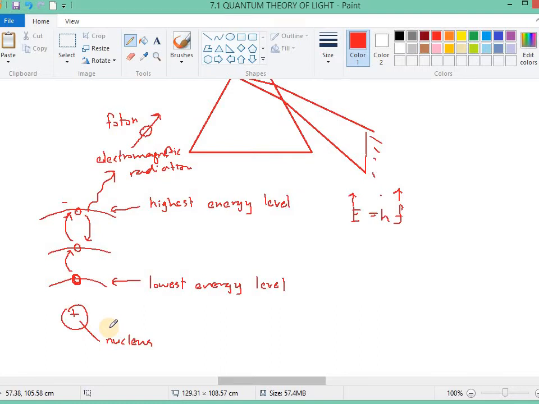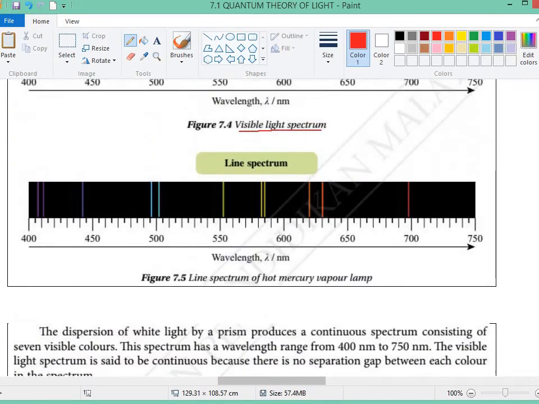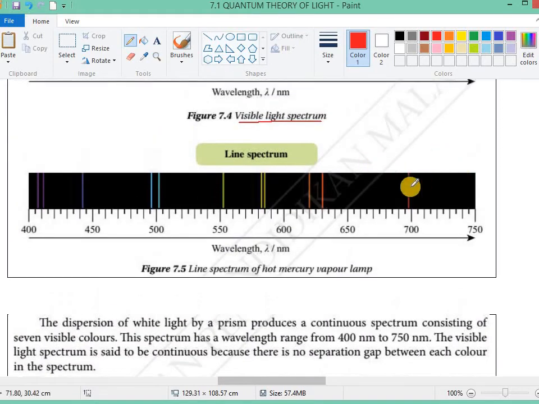electromagnetic radiation that is emitted from the heated metal. So the different frequencies will give us this line spectrum. Why is it that it looks like lines?